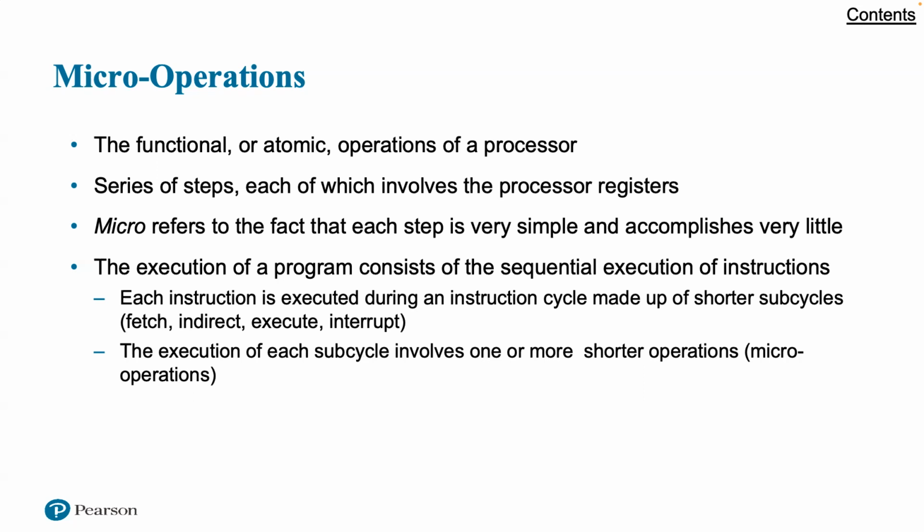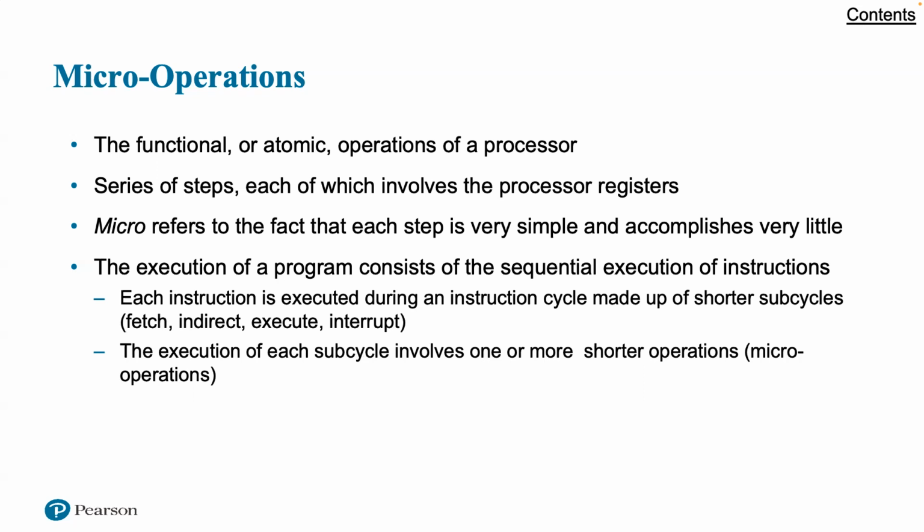We have further seen that each instruction cycle is made up of a number of smaller units. One subdivision that we found convenient is fetch, indirect, execute, and interrupt, with only fetch and execute cycles always occurring. To design a control unit, however, we need to break down the description further.